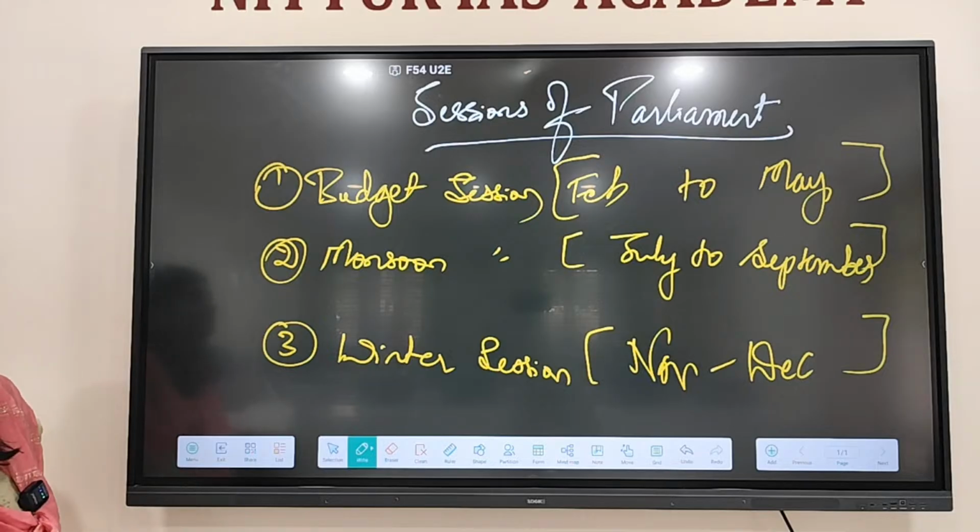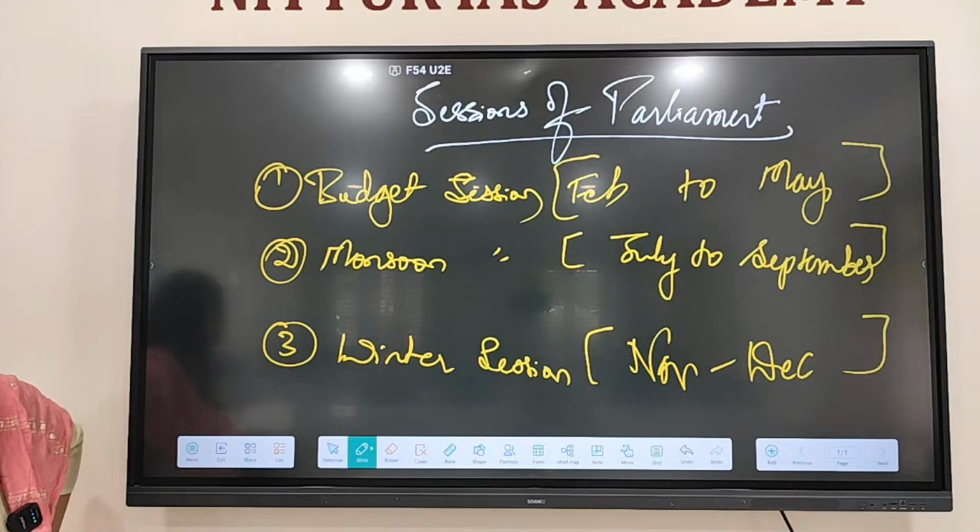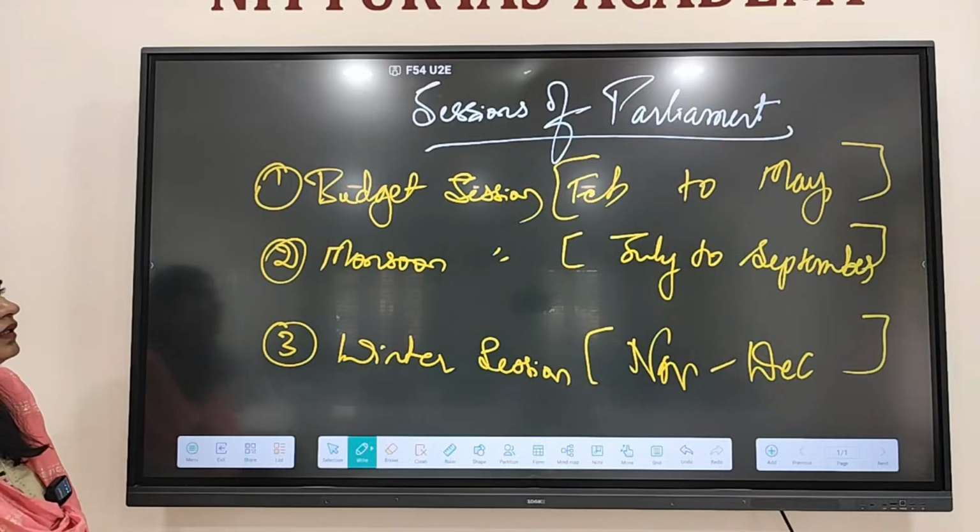Budget session. Every year, the budget session will be held in the first week of February. Previously, it was the last week of March. For the past 5 to 6 years, they have been conducting the budget announcement in the first week of February itself.